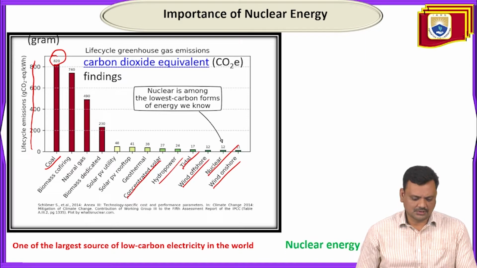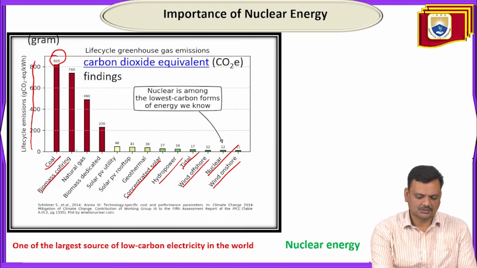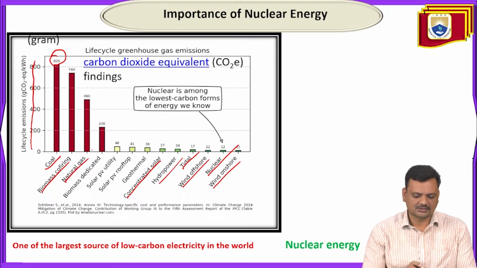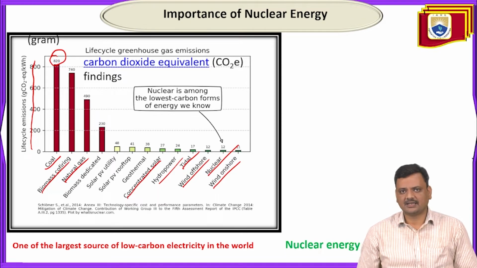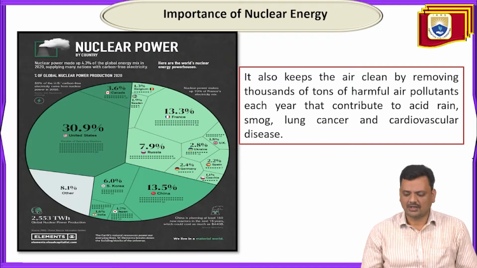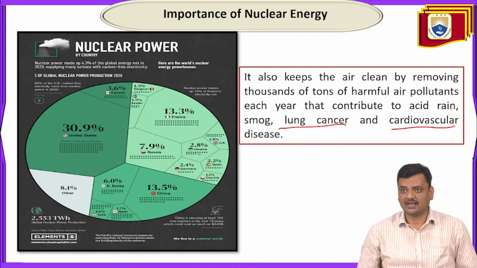If you use coal energy, biomass energy, or natural gas, these types of gases will emerge, and they are responsible for lung cancer, cardiovascular diseases, and acid rain.